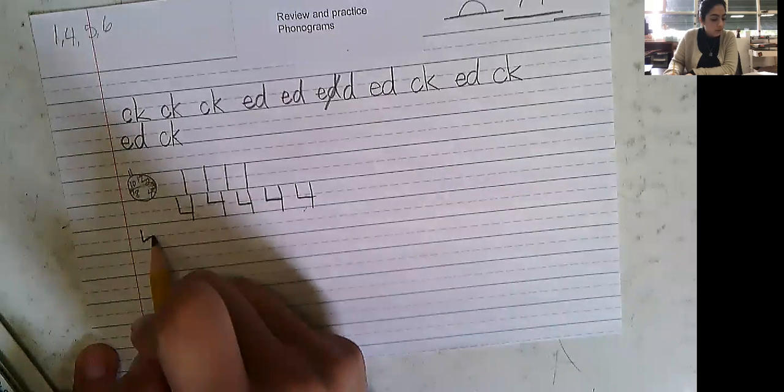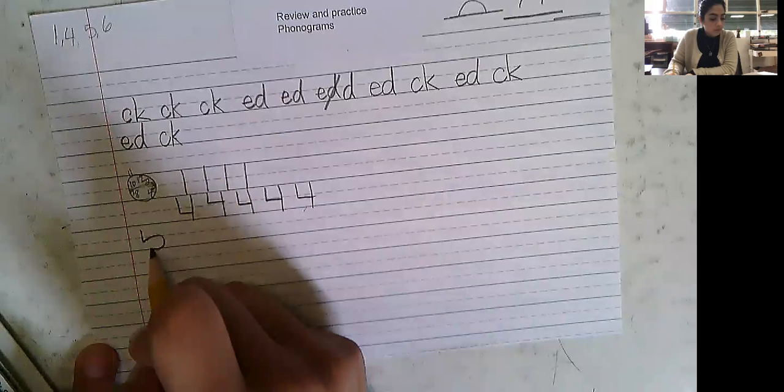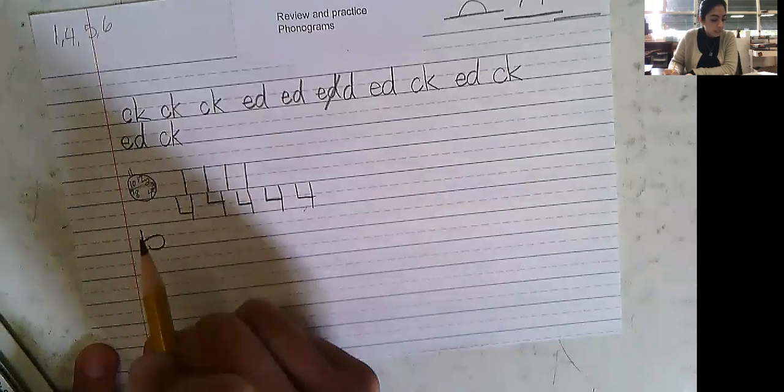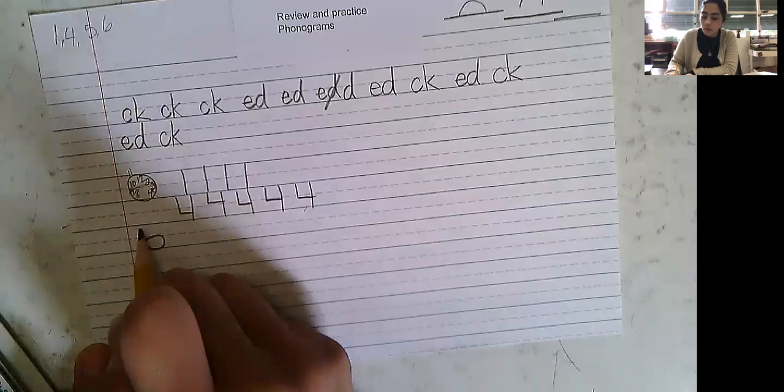Okay, and round down past 4 to 6, stop at the middle, and curve up to 7. Pick up your pencil and begin again at 11. And in the direction in which we read and write, make a straight line over to 1.